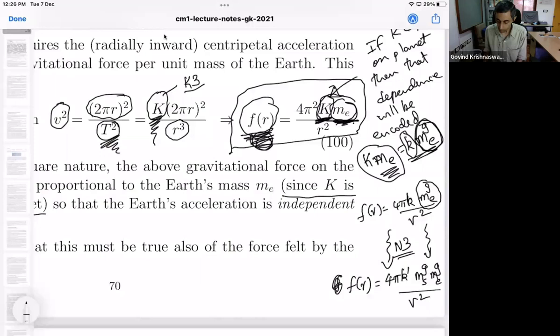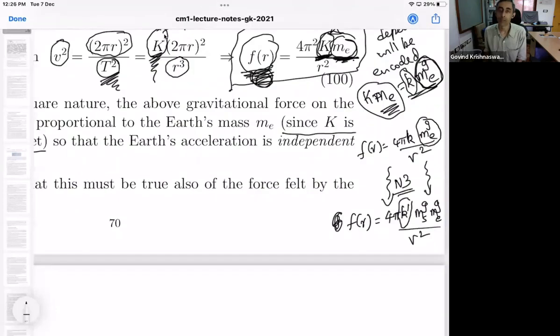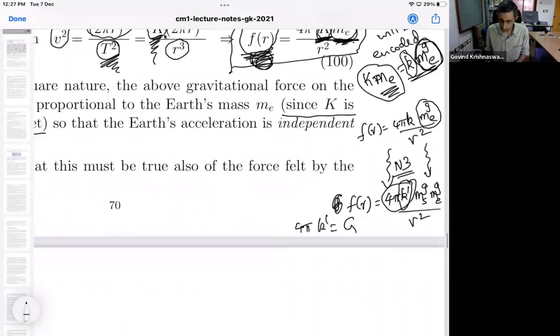Where now K prime is an absolute constant. It is independent of mass, independent of any property of the sun, and independent of any property of the earth. We call this 4 pi K prime, in honor of Newton, G, sometimes called G Newton.